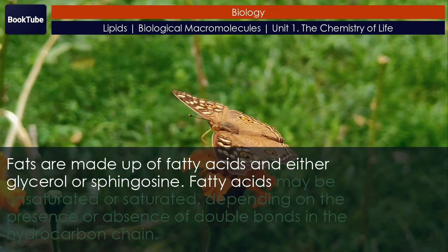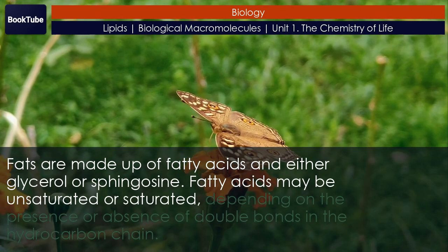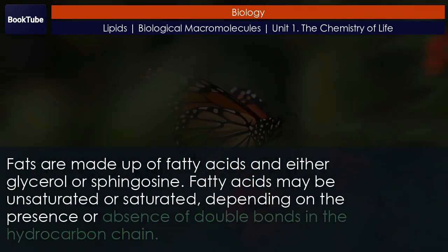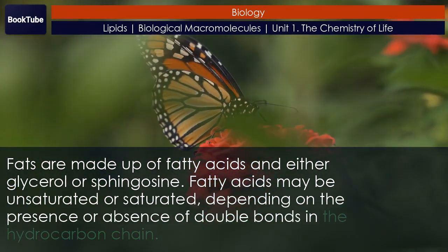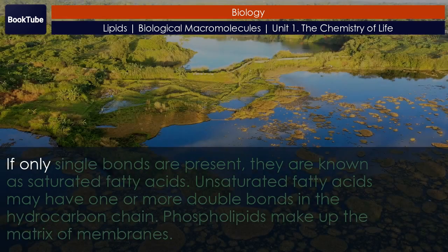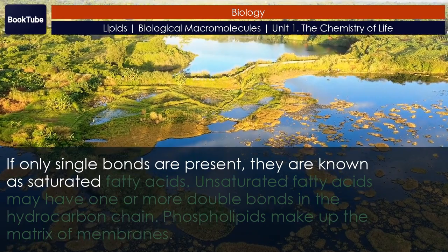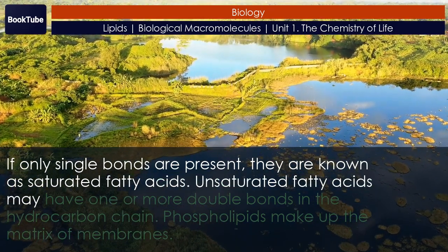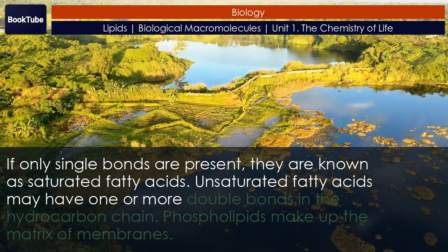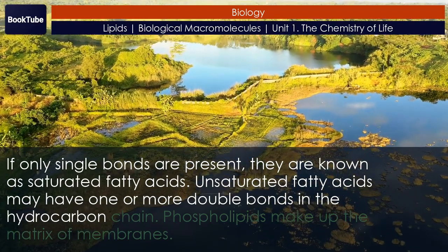Fatty acids may be unsaturated or saturated, depending on the presence or absence of double bonds in the hydrocarbon chain. If only single bonds are present, they are known as saturated fatty acids. Unsaturated fatty acids may have one or more double bonds in the hydrocarbon chain.